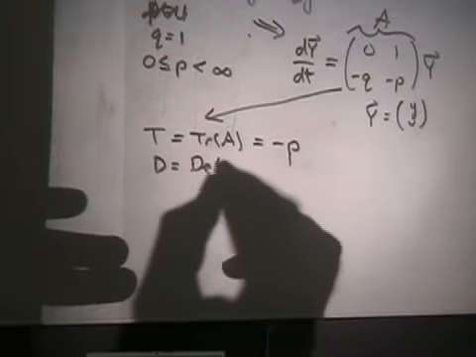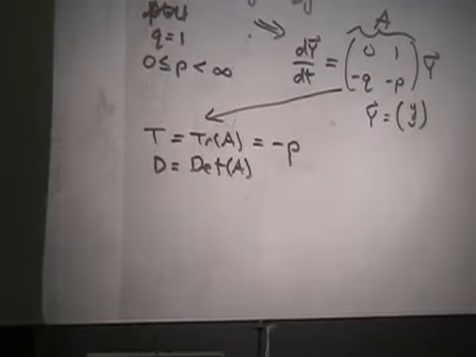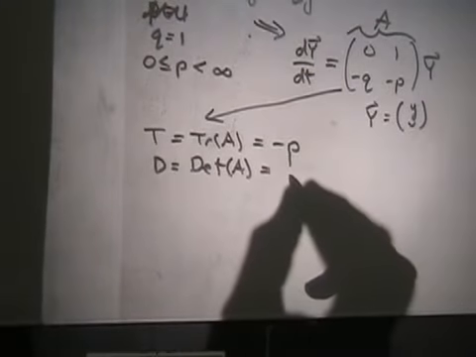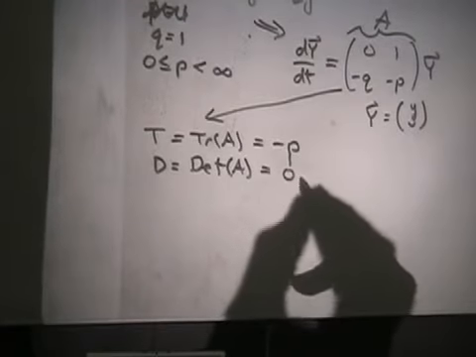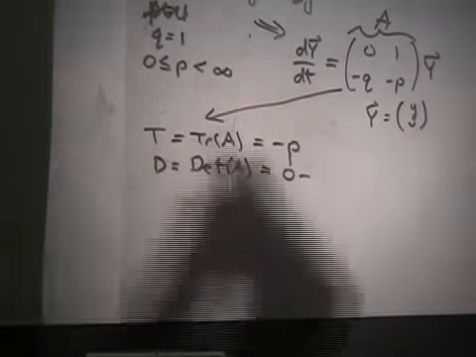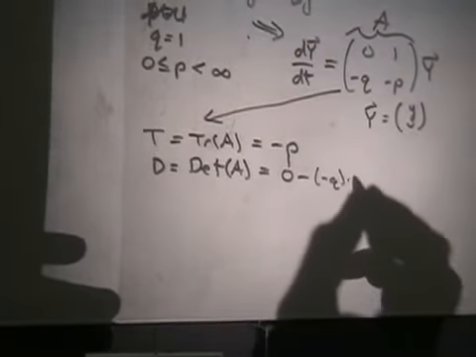And the determinant, capital D, or det of A, is 0 times negative p, minus negative q times 1. In other words, the determinant is q.